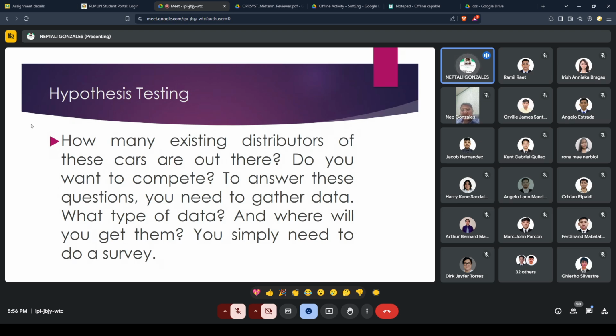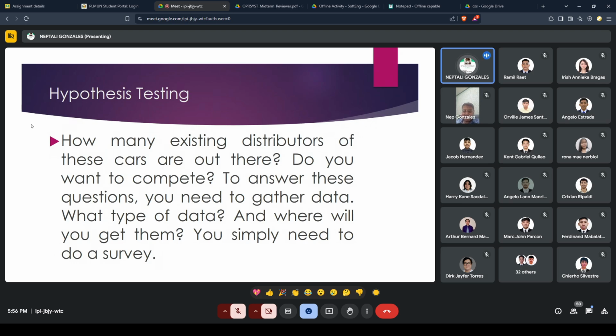So to answer these questions, you need to gather data. What type of data? And where will you get them? You simply need to do a survey. So that is very important: where do you need to gather the data? Are you only going to market here in NCR, or the province, or the entire Philippines?